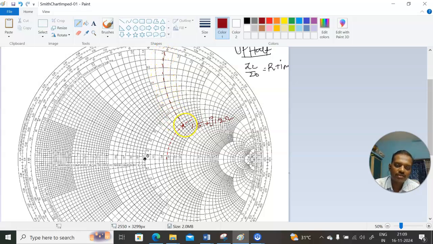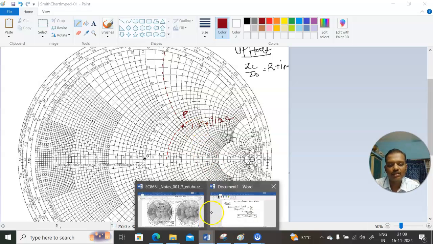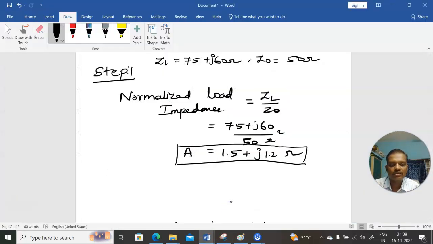Both intersect at a point, and that point is our normalized impedance. Here I am naming it P. You can name it P or A. P is nothing but 1.5 plus j1.2 ohms.